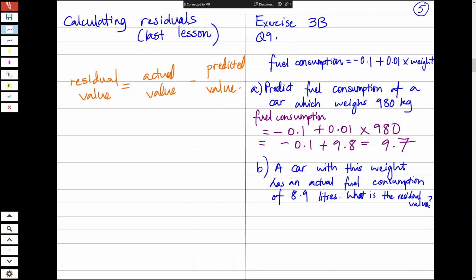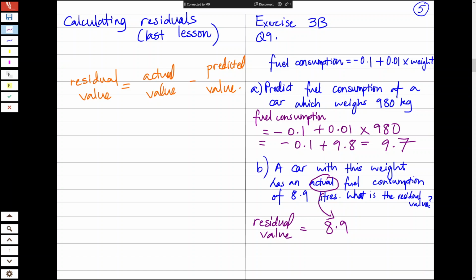Okay, remember, your prediction is rarely ever going to be perfect. So now that I've pointed that information out to you, which number is going to go where when we calculate the residual? All right, Anthony? Okay, it's the actual value here that's been given to you.